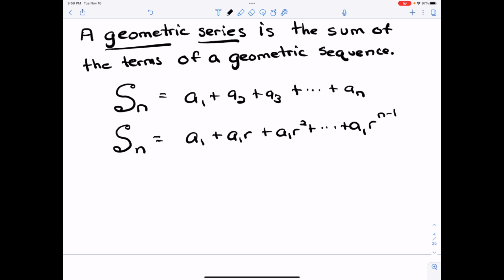Now we can work with this a little bit. If r is 1, it's not very exciting, because then your s sub n, you end up with a1 plus a1 plus a1, n times. So you end up with n times a sub 1. But what if r is not equal to 1?